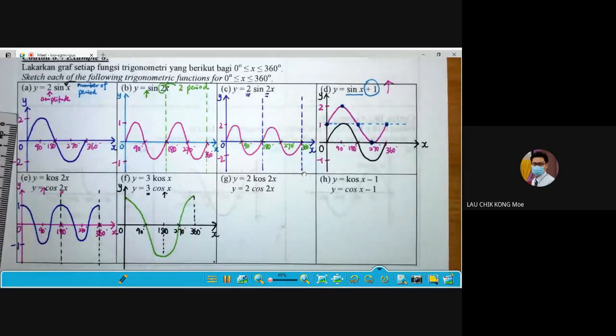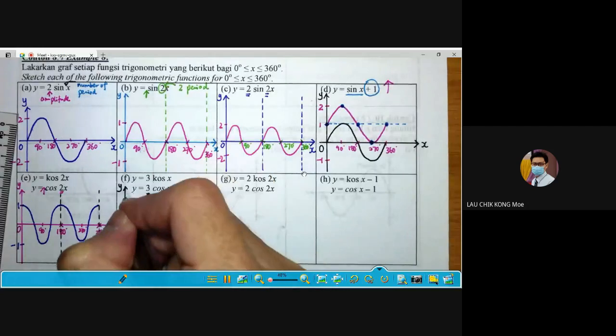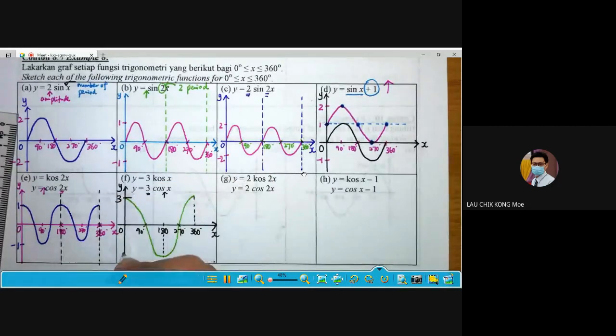If you are afraid the 90, 180, 270, 360 are not even, you can divide your graph into 4 columns so that you can state the angles well. The amplitude now is 3 and -3, only 1 period.